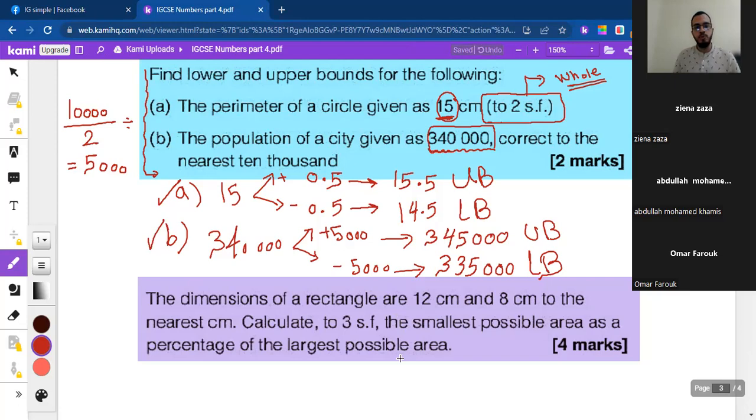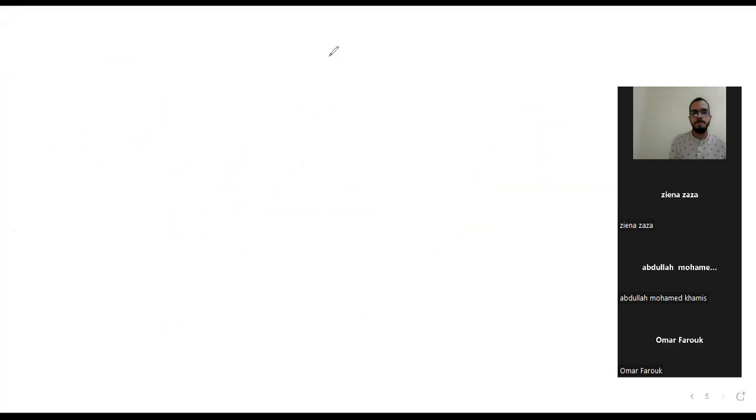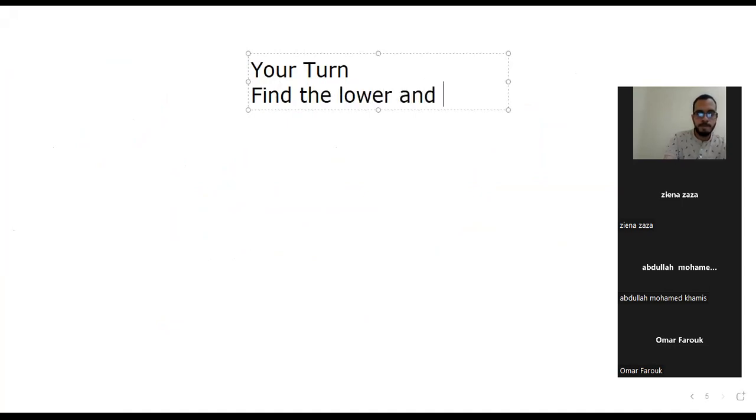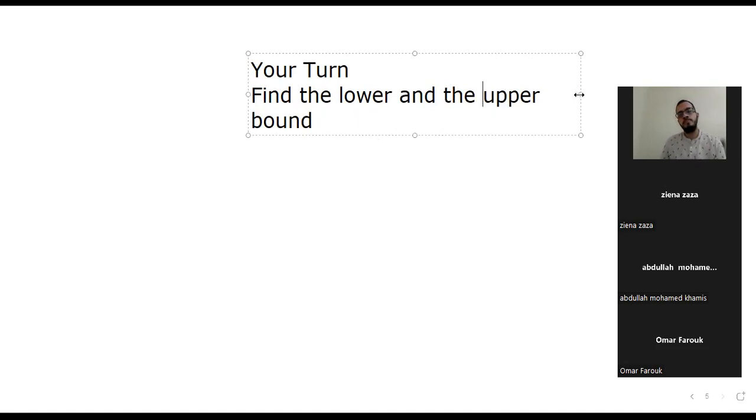Okay, now your turn. You find the lower and the upper bound. I will give you the degree now.